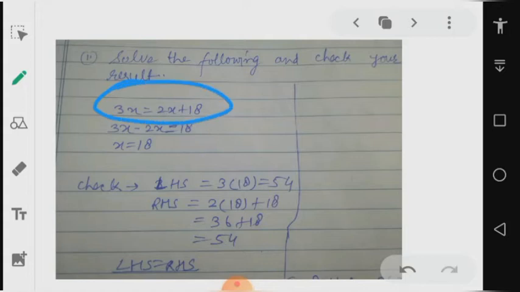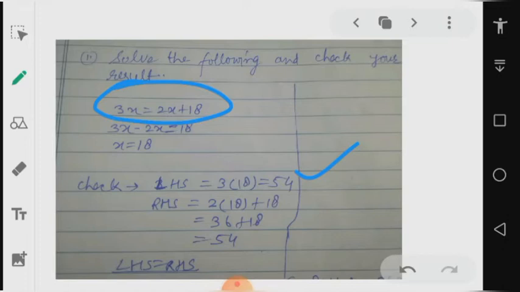We have found the answer, but we have to check it also. To check the answer we have to substitute the value of x in the question. So we take LHS, that is 3x. We write 3 into 18, that is 54, because x equals 18.